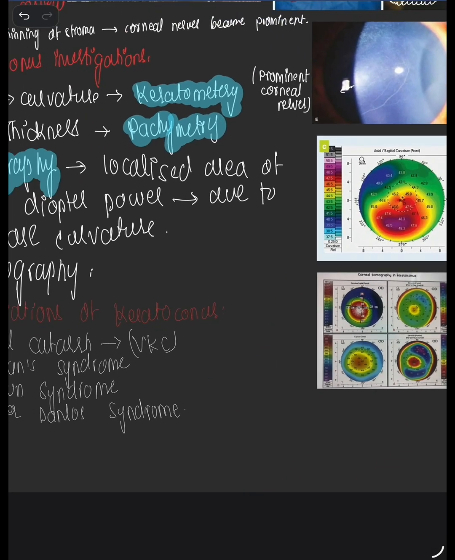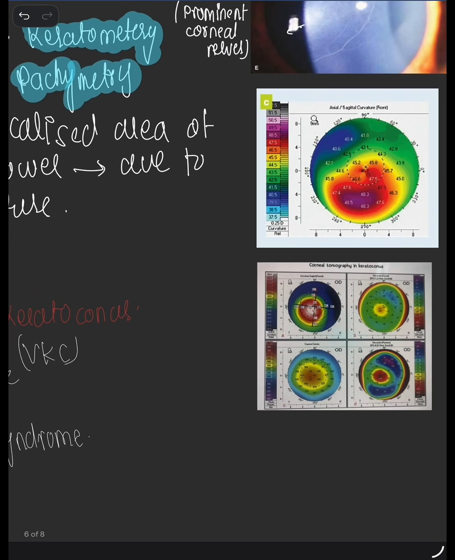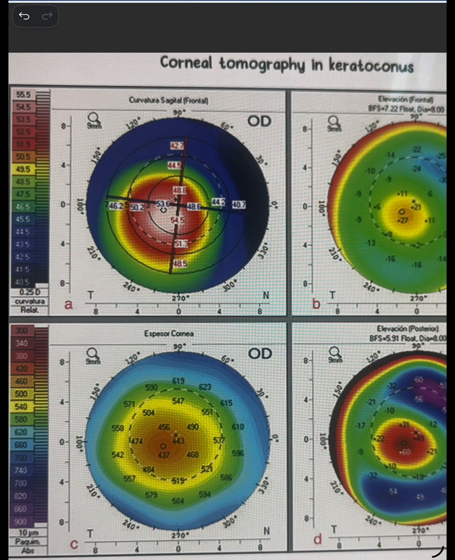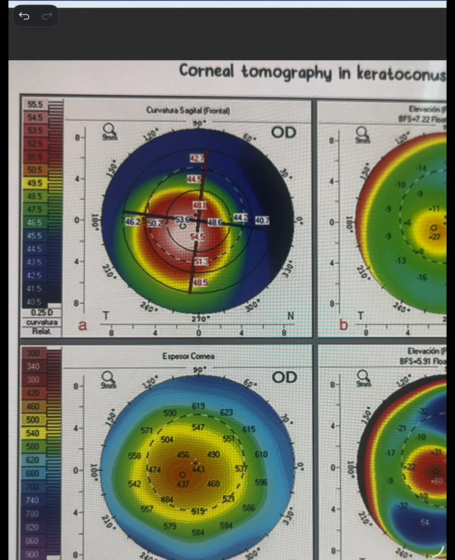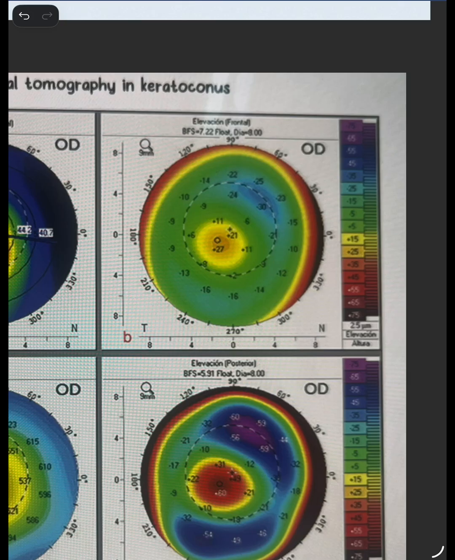Then the investigation of choice is tomography. In tomography there are 4 maps, and map 1, as I told you earlier, is like the topography. Here this is the localized area, and it shows values of 54.5, so it shows the increased curvature of the cornea. And this is map 2, which shows the anterior surface elevation.